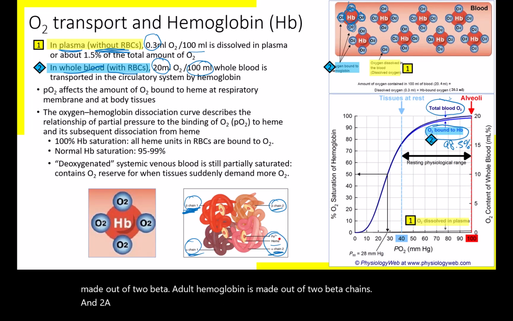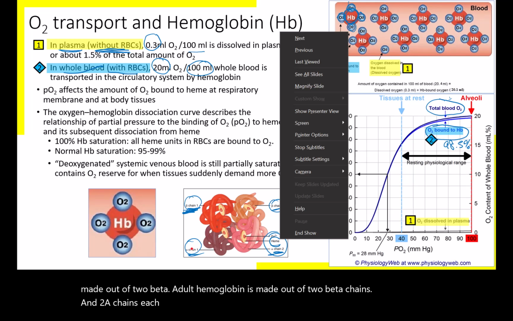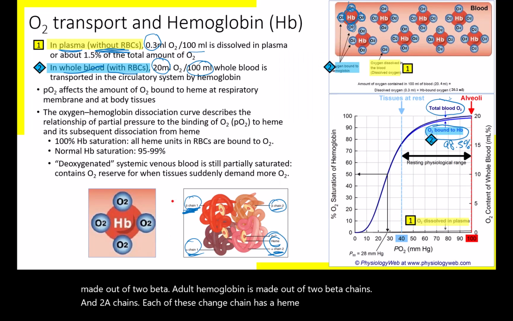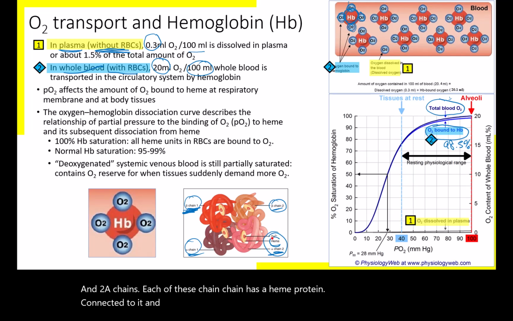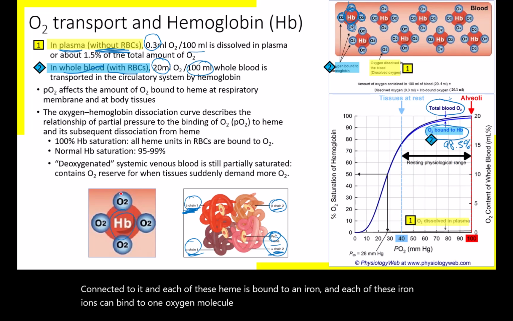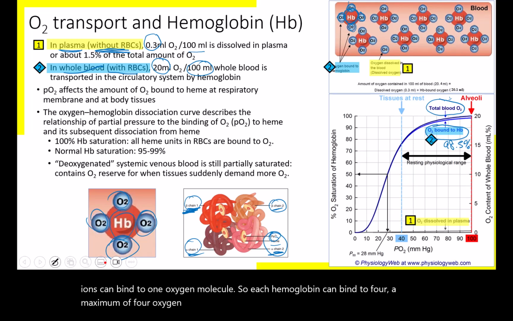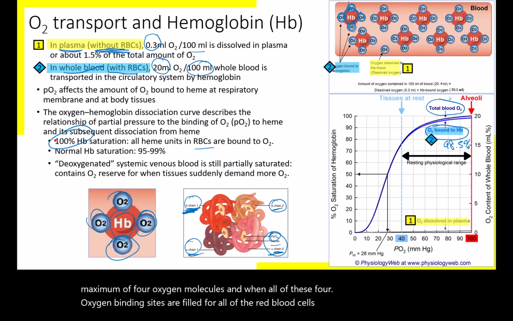Each chain has a heme connected to it, each heme is bound to an iron, and each iron can bind 1 oxygen molecule. So each hemoglobin can bind a maximum of 4 oxygen molecules, and when all of these 4 oxygen binding sites are filled, it's called 100% hemoglobin saturation.